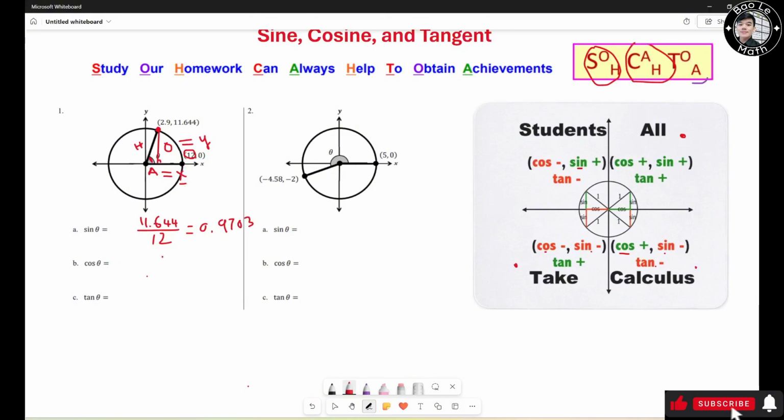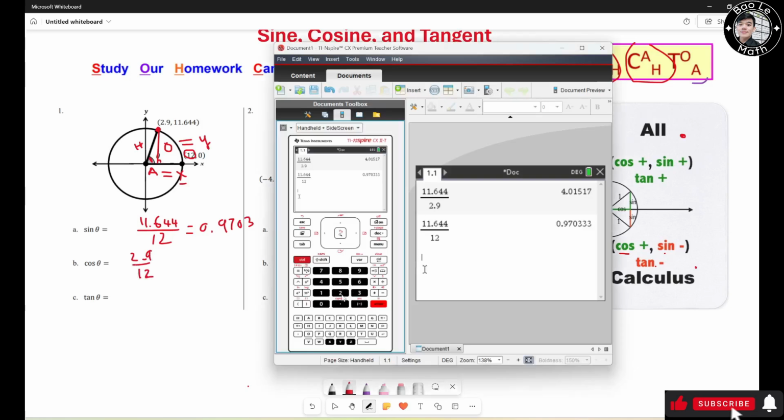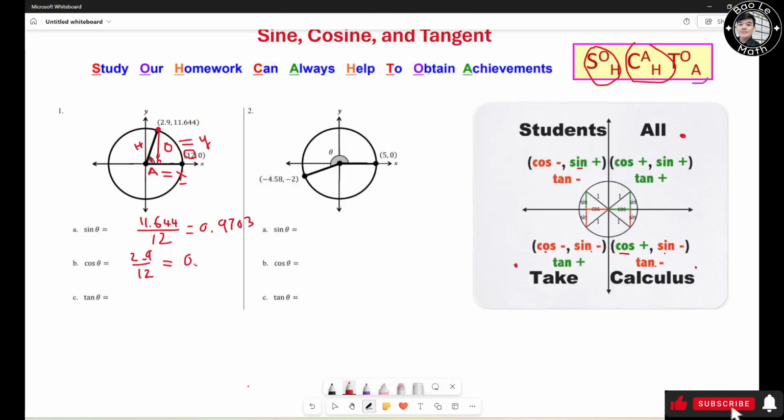Adjacent, which means s, right? So it can be 2.9 over 12, right? So it's going to be 2.9 divided by 12. So it's going to be 0.2417, right? So approximately 0.2417. Now tangent is going to be opposite over adjacent, right?